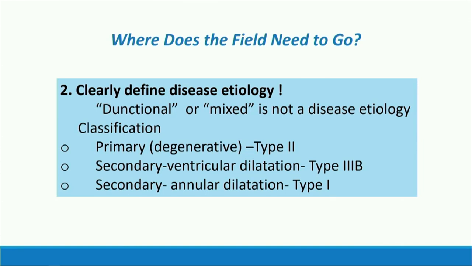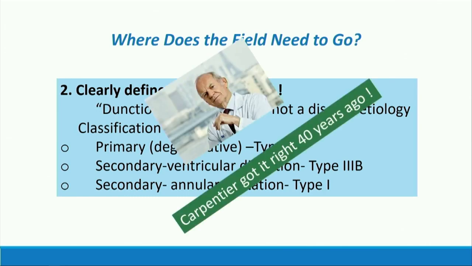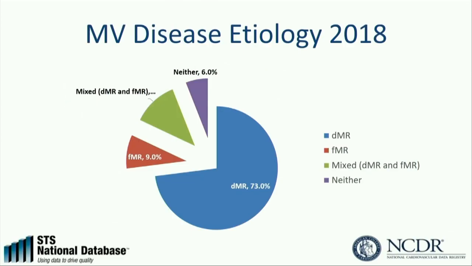So there's basically 3 diseases that we're treating, and there's 2 types of secondary disease, and I think we're going to see the new guidelines reflect this. And what I would say is Carpentier got this right 40 years ago. We're treating type 1, type 2, and type 3B disease. And the classification was right way back then.